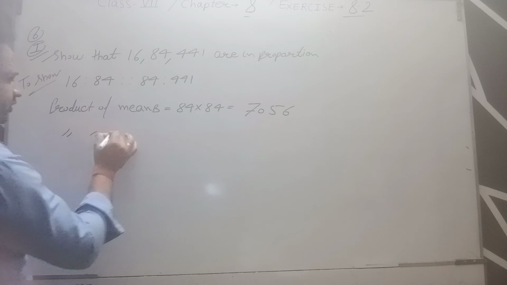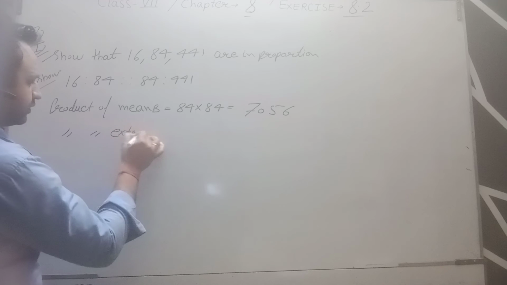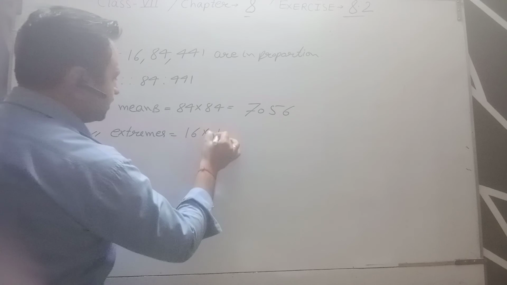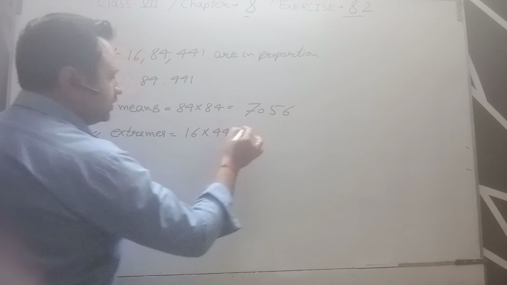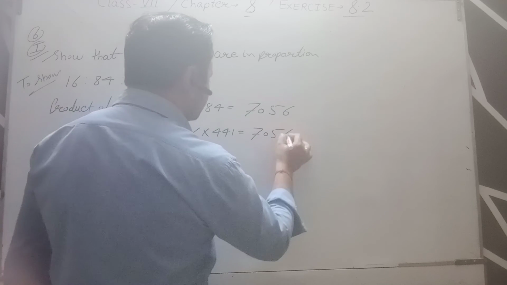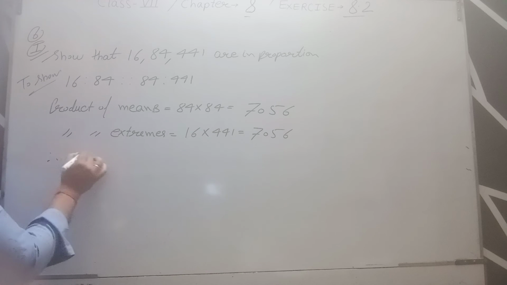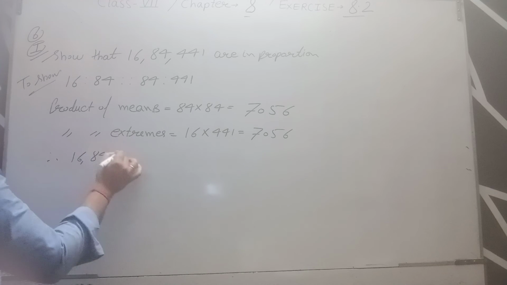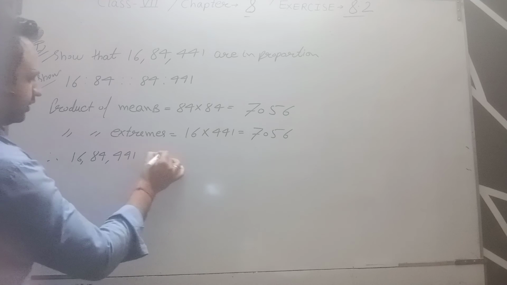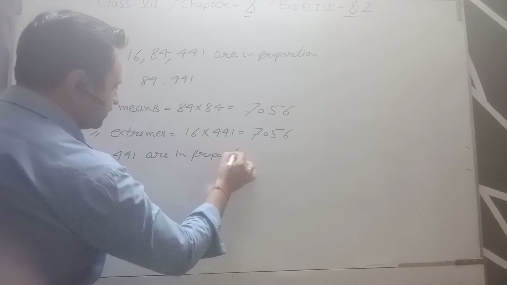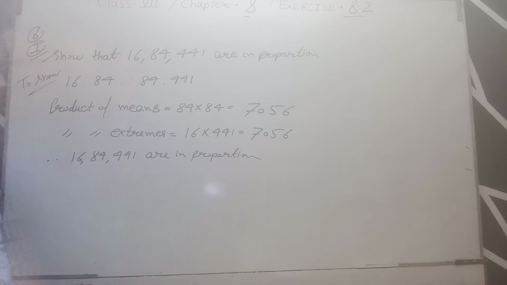Now we find the product of extremes. It means 16 multiply 441, and their multiplication is also 7056. So 16, 84 and 441 are in proportion. And we had to prove this.